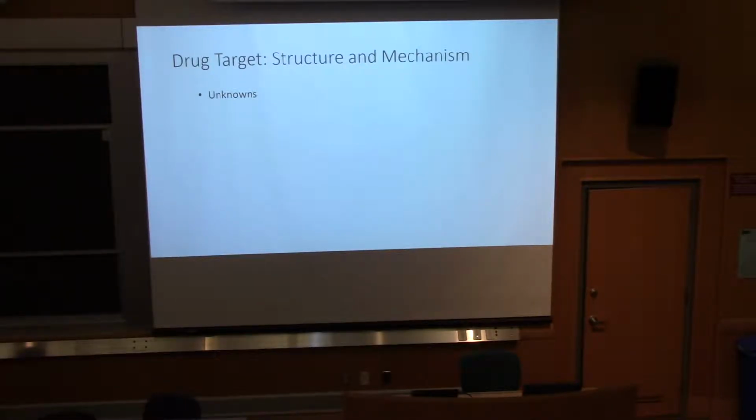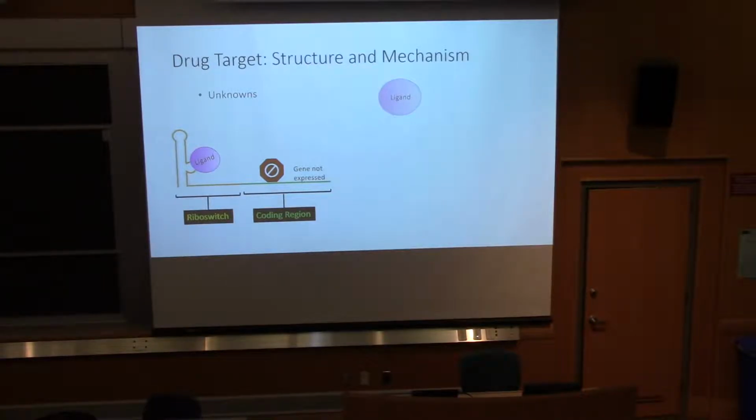There are many characteristics of riboswitches that have yet to be discovered, but are essential to learn further to develop drug target plans. But we do know that riboswitches receive signals from what's called a ligand. For example, when the ligand binds to the riboswitch, downstream expression is terminated, so the gene downstream is not expressed.